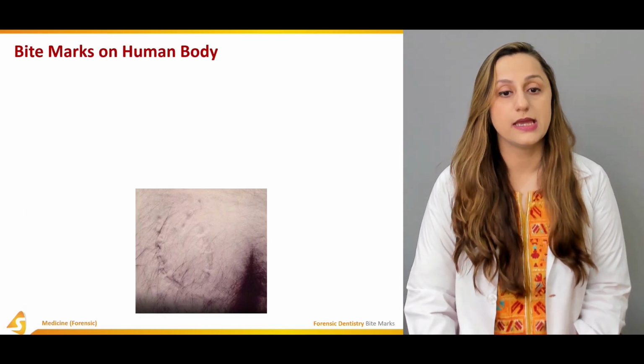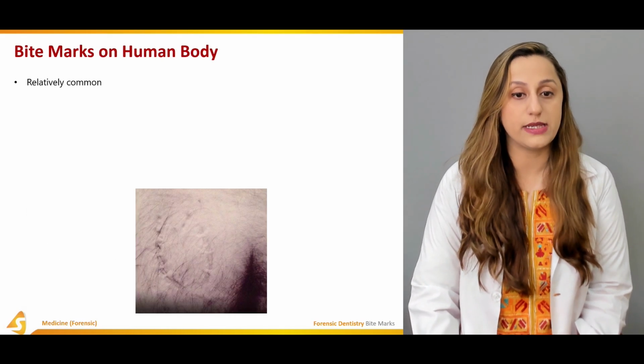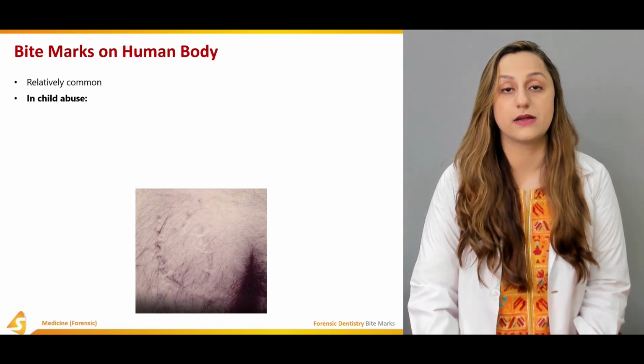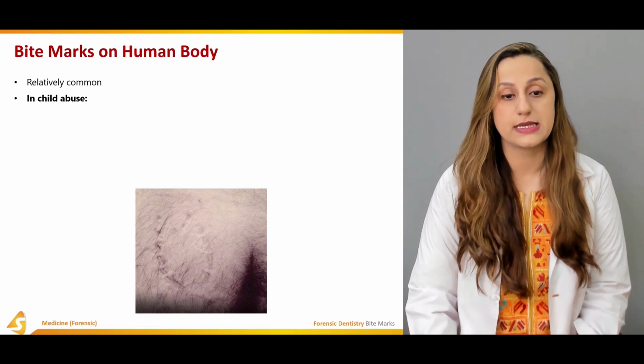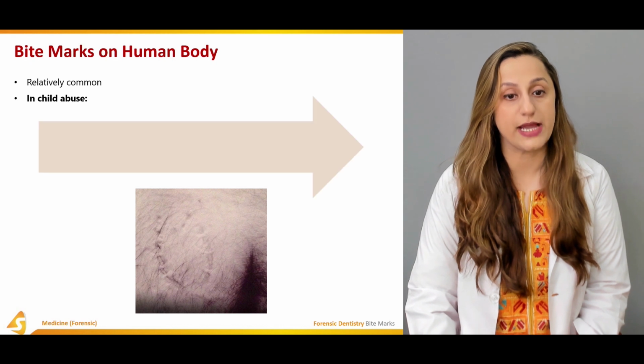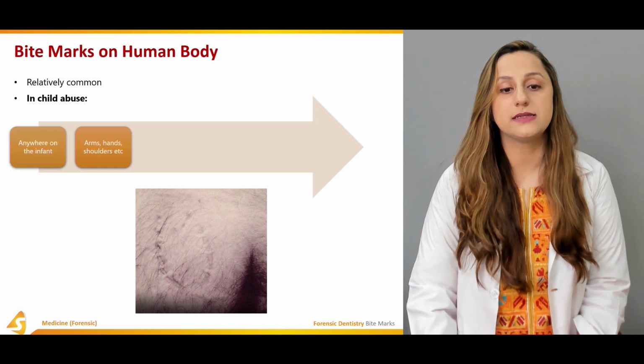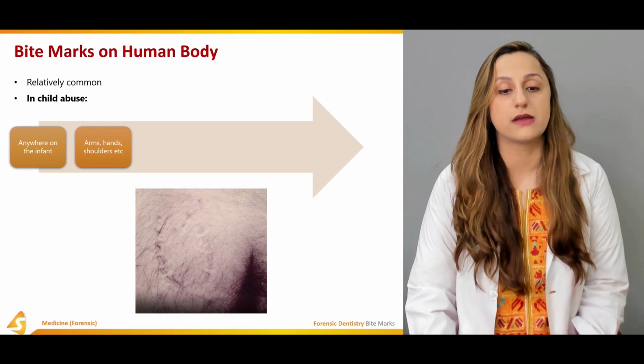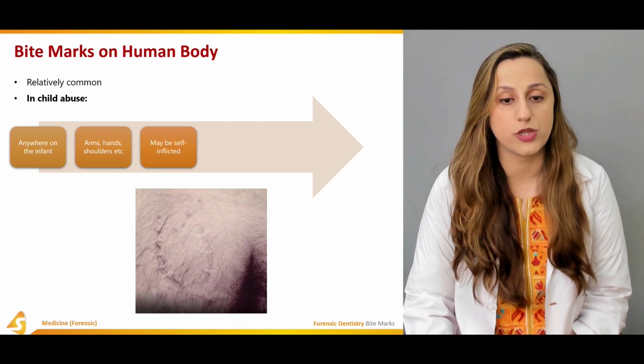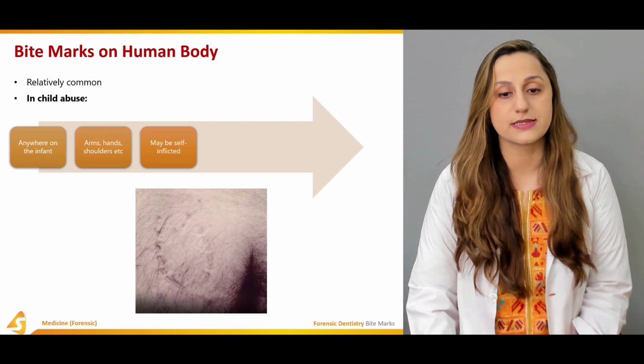The bite marks on the human body are relatively common, and they are important evidence whenever we are suspecting a case of child abuse. They can be anywhere on the infant, and the arms, hands, and shoulders are the most favorable areas involved in child abuse cases.